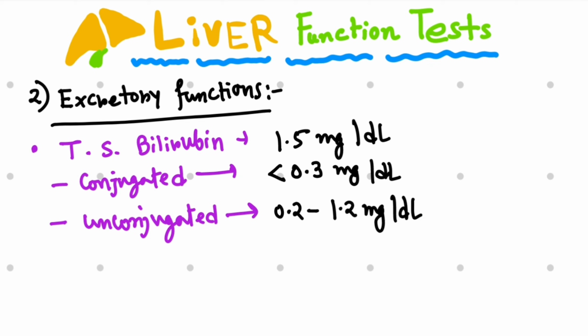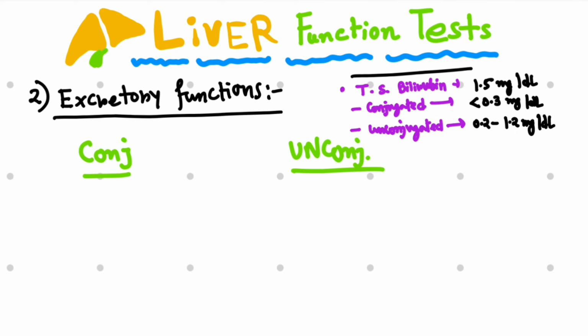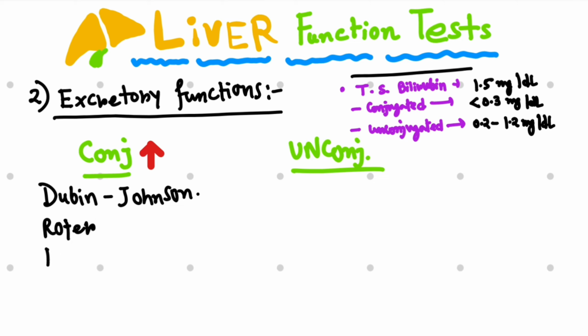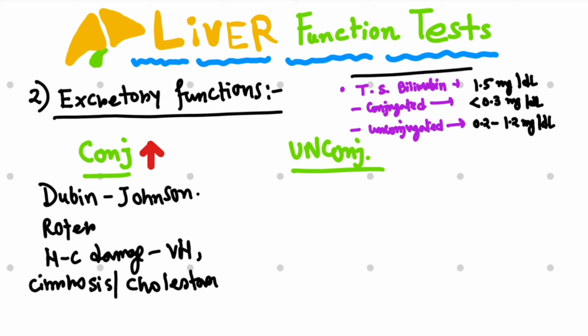Now let's see in which conditions conjugated bilirubin will be more and unconjugated bilirubin will be more. Conjugated bilirubin is usually increased when there is failure of excretion. So in case of Dubin-Johnson syndrome, Rotor syndrome, in case of any kind of hepatocellular damage, like in case of viral hepatitis, cirrhosis, and cholestasis, in these conditions you can see increase in the level of conjugated bilirubin.